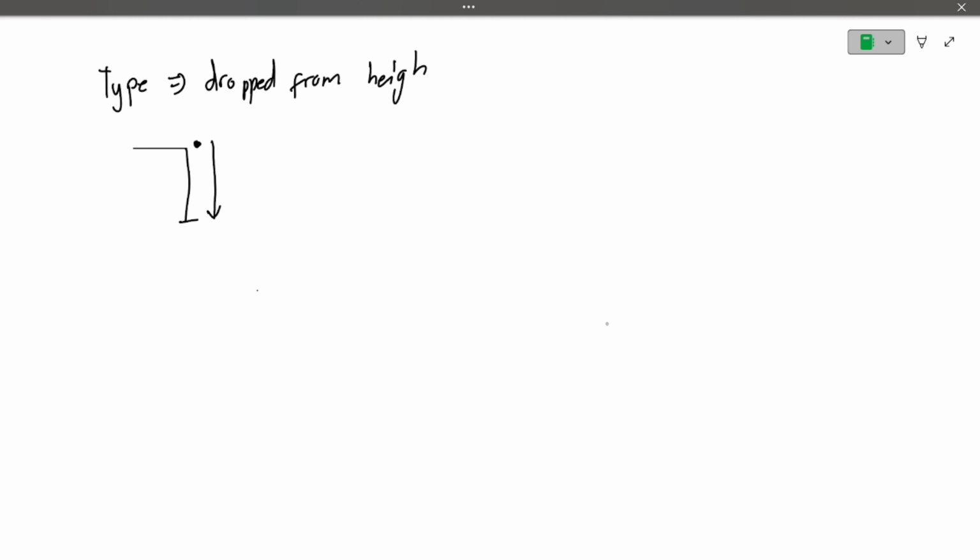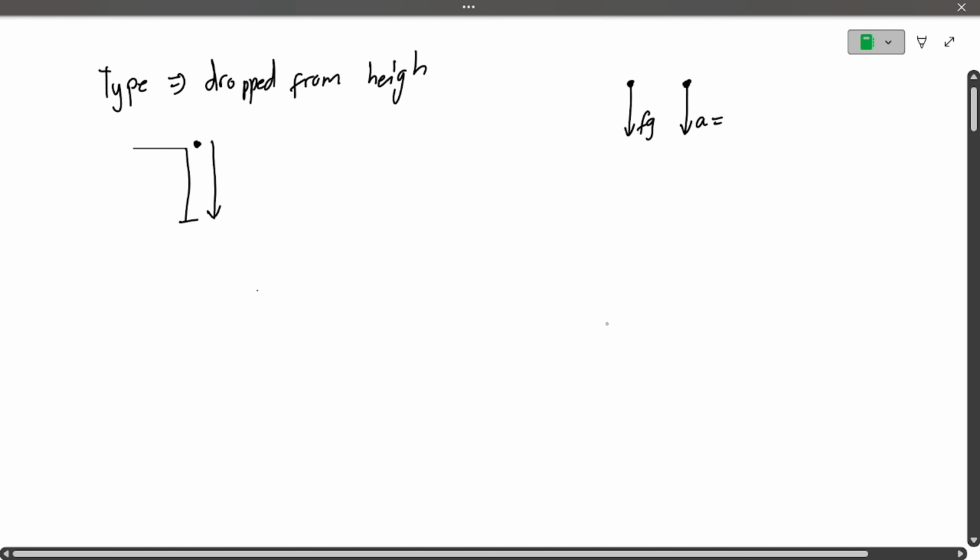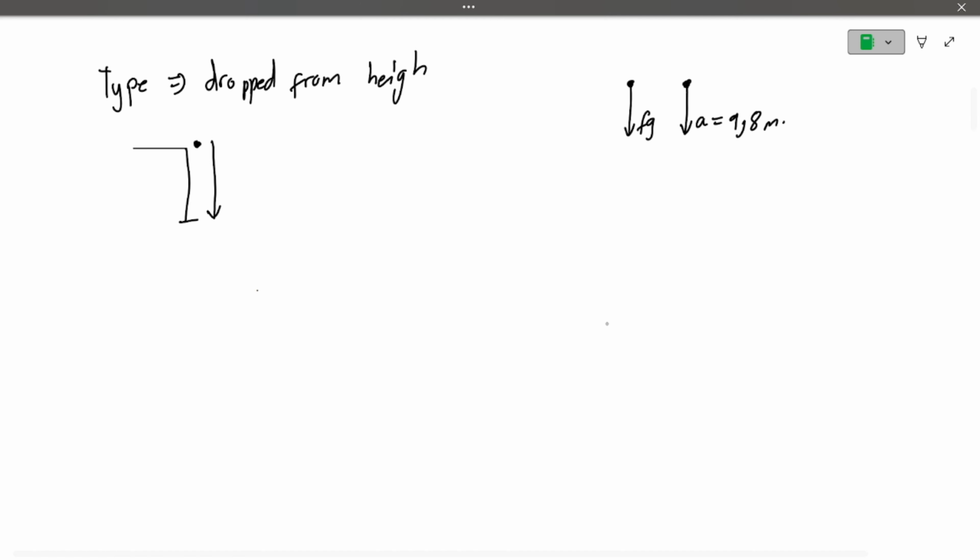What you need to know here is that a projectile is a motion in which the only force acting on an object is gravitational force, Fg. Because Fg is pulling the phone downwards, the object will accelerate downwards because of gravitational force, which is acting downwards at 9.8 meters per second squared.